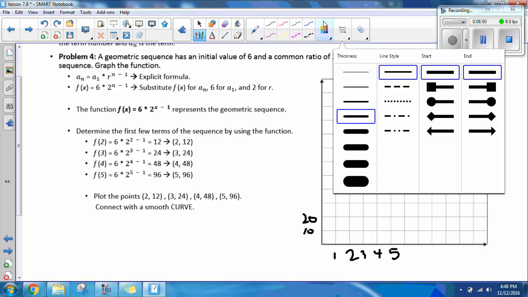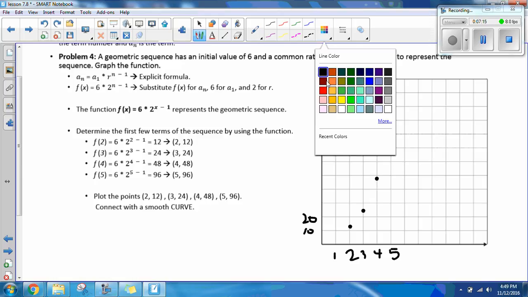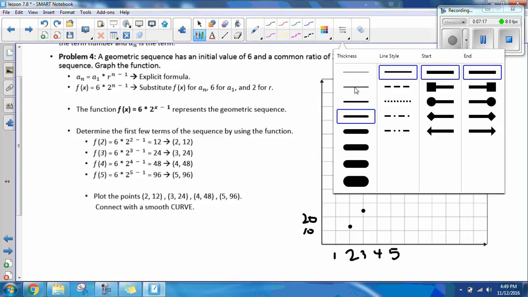So when our second term is equal to 12, our third term is equal to 24, fourth term is 48, and our fifth term is just under 100. Once you plot your points, you can connect the dots using a nice smooth curve.